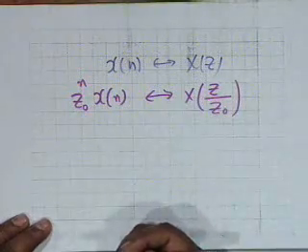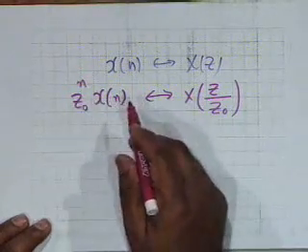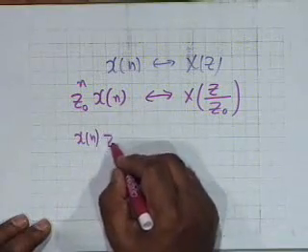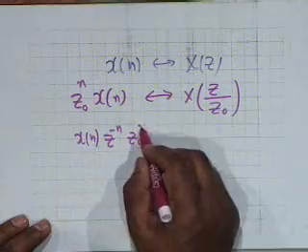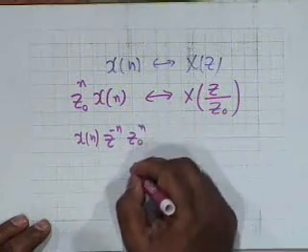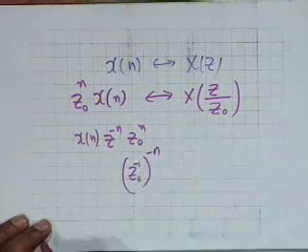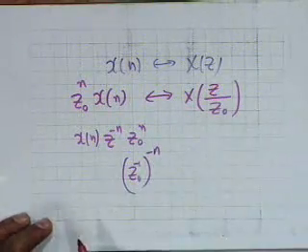It is very simple to prove this, because z0 to the power n comes in, and x of n, z to the minus n, z0 to the n can be written as z over z0 whole to the minus n, and that is how divided by z0 comes.